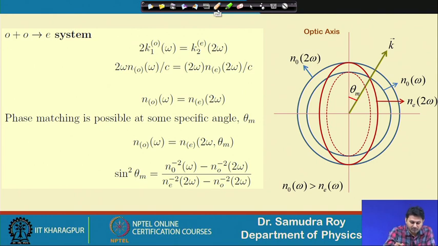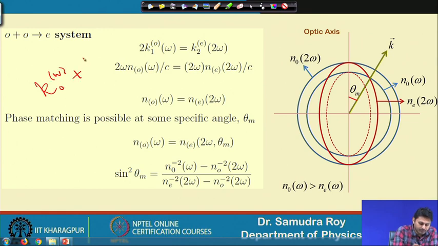Let me do that once again. In the OO system, two ordinary waves are generating one extraordinary wave.